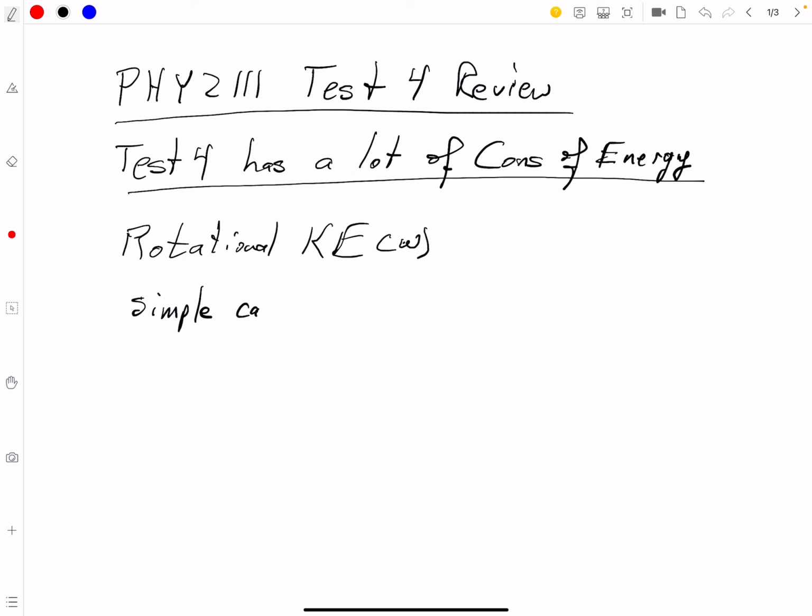Simple case of a mass, and it's going to rotate about this axis in a circle. Here's our radius.